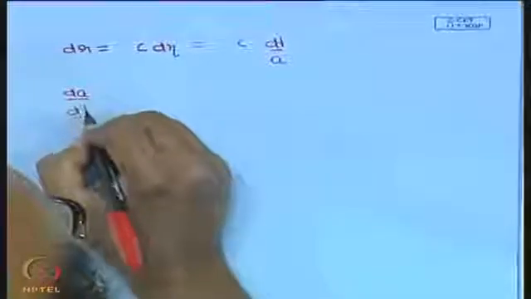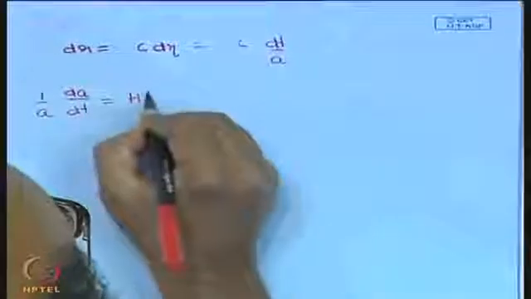Now let us look at the definition of the Hubble parameter. The Hubble parameter h at any epoch is defined as da by dt times 1 by a. That is how it is defined.